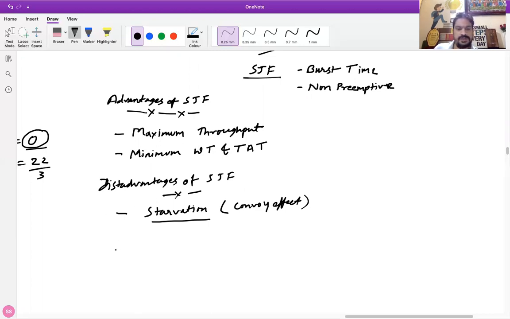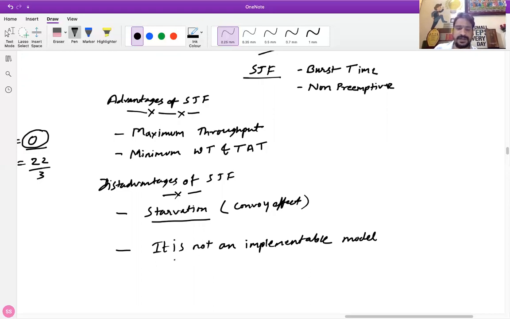What is the second problem that we have found? We find that it is not an implementable model. Why is it not an implementable model?